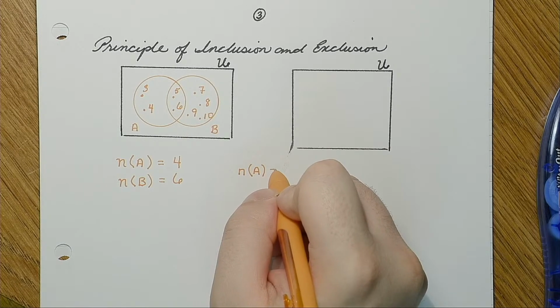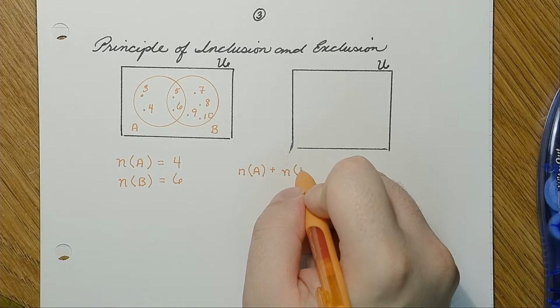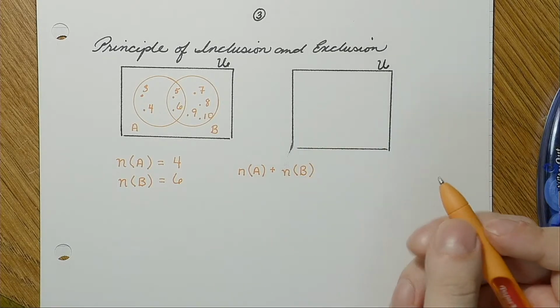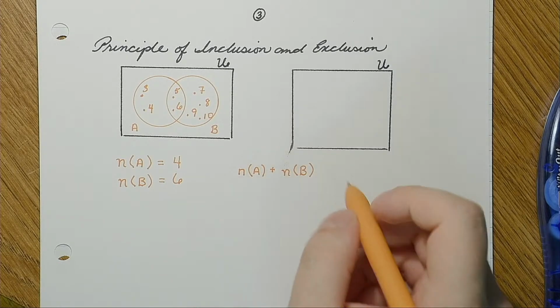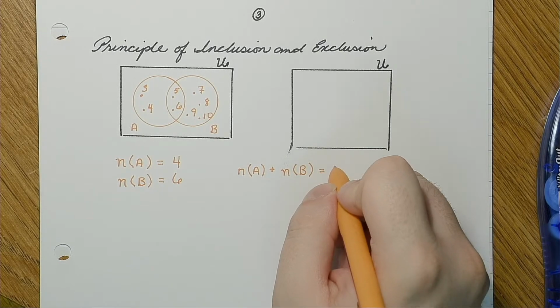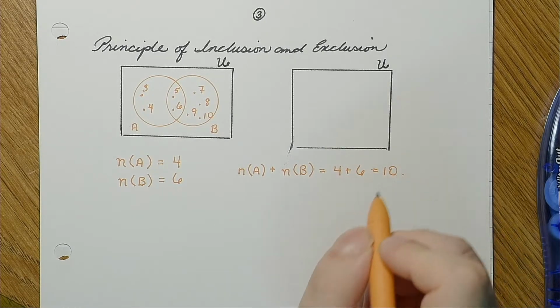So, if we were thinking about this as a counting problem, some people might say, okay, I have the number of elements in set A and I have the number in set B. So that's 4 plus 6, which gives me 10.